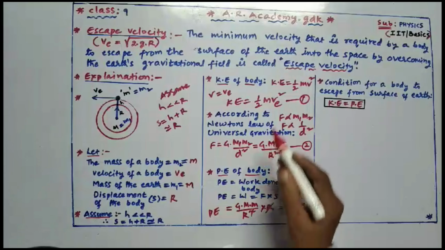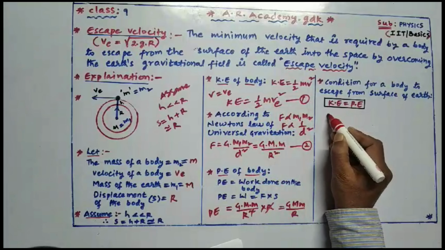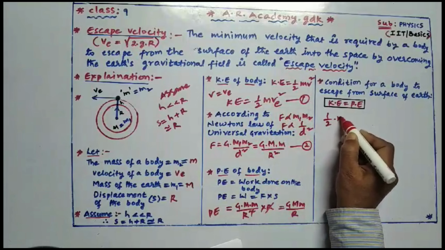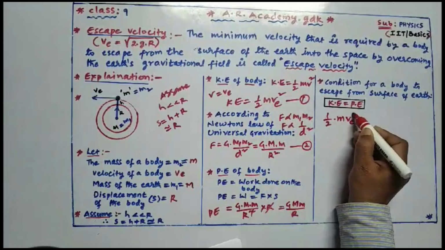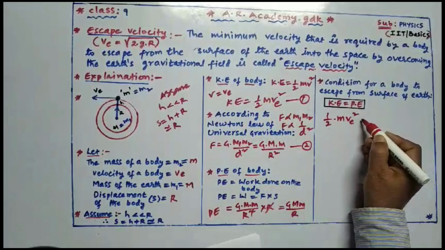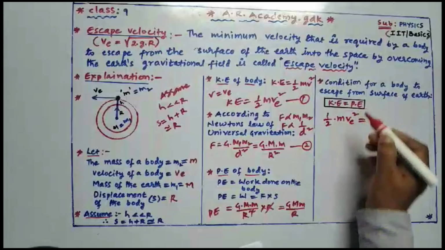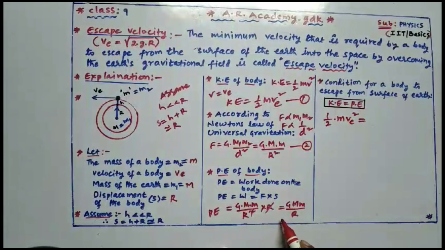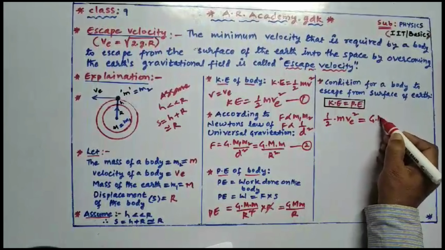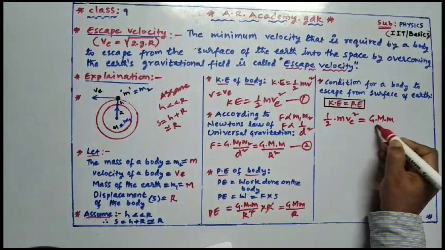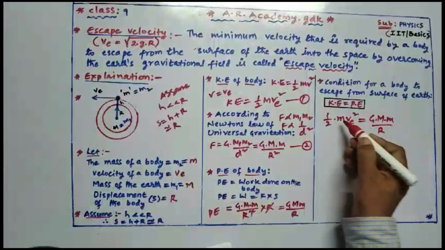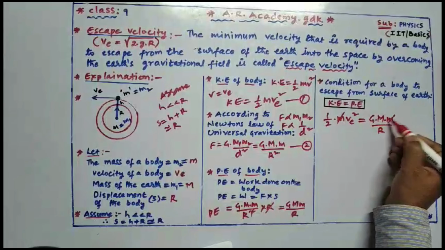Kinetic energy from equation 1 is half m VE square, equal to PE, which is G M m by R. Here m and m get cancelled.